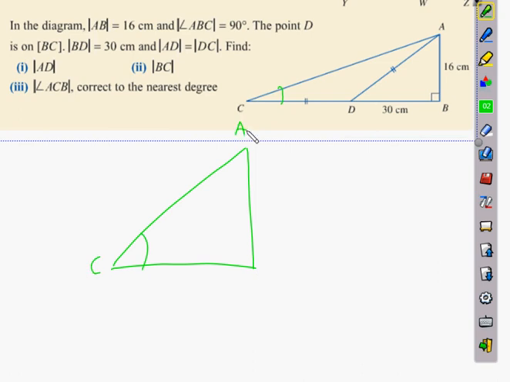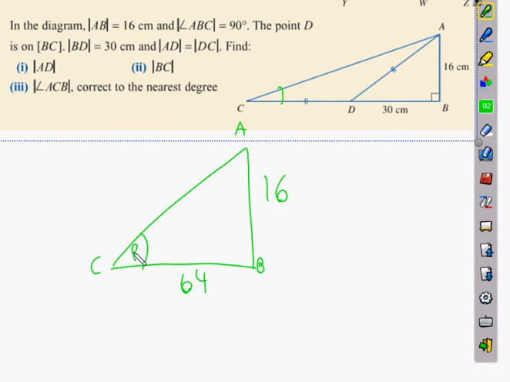Do a tan. What length is this one here? AB, 16. And BC, 64. And what letter do you want to call the angle? P. Okay.